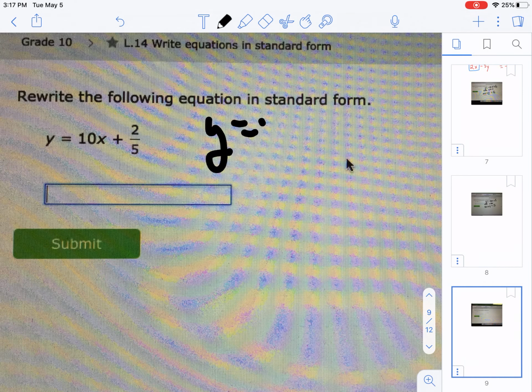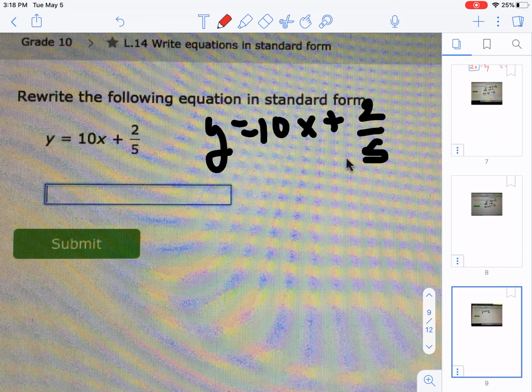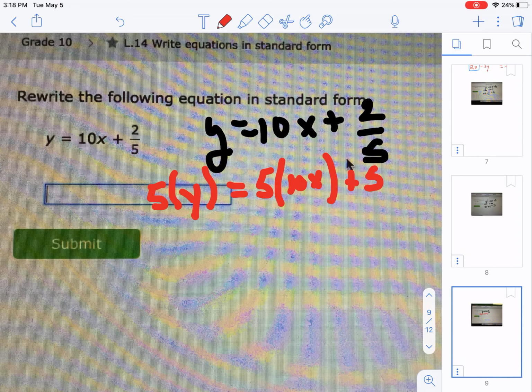y equals 10x plus 2 fifths, or 2 over 5. The way we get rid of the 5 is to multiply everything by 5. So we have 5 times y equals 5 times 10x plus 5 times 2 divided by 5.